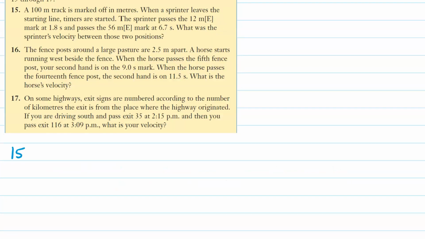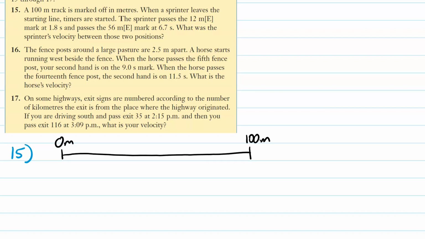Let's look at number 15. We have a 100-meter track. So a track that goes from 0 meters all the way to 100 meters. When a sprinter leaves the starting line, timers are started.